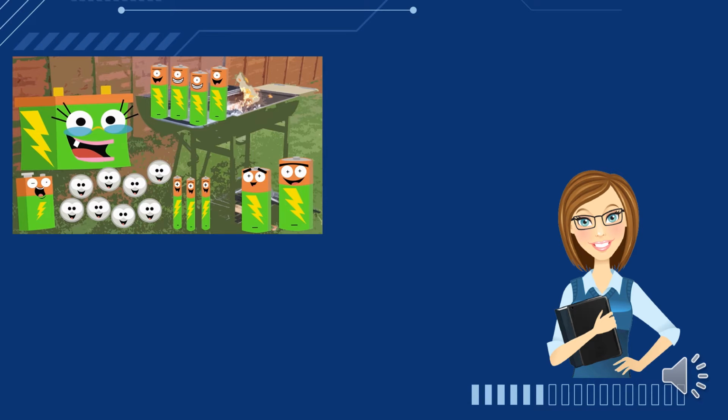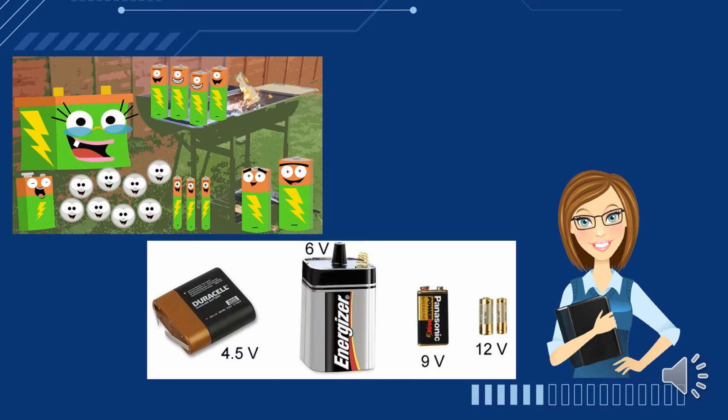Right now, if you can find some batteries around you, try to see the label. In the label, did you see any value like this? For example, 4.5 volt, 6 volt, 9 volt, or maybe 12 volt. So what does the value indicate?